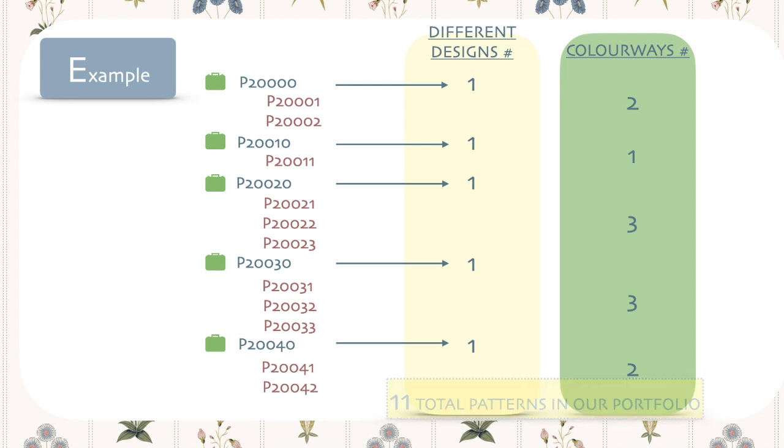But as we consider each colorway as a unique pattern with a unique SKU reference, we have got 11 total patterns in our portfolio that we will need to include properly in our database. As you can see, the main folder sequence remains clean and organized without having any gaps between numbers.